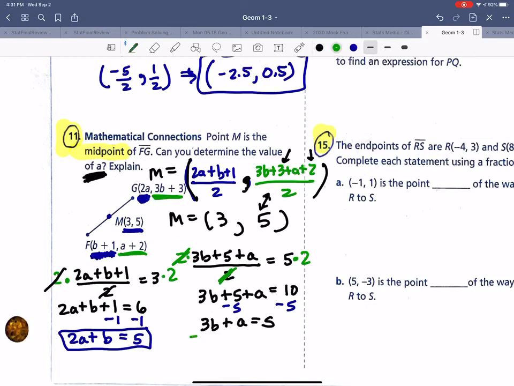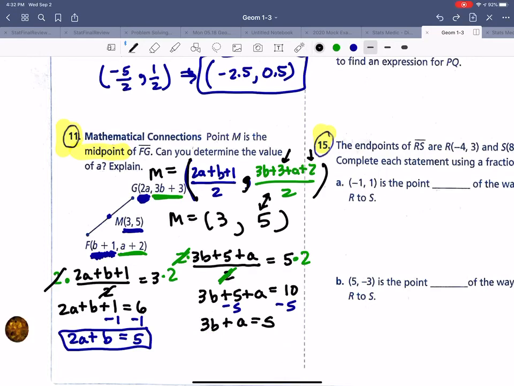If I subtract 3B here on both sides, I could put A by itself on the left, and I have 5 minus 3B. Now I can substitute this stuff in where I see the letter A, but that's not going to help me solve for B. Okay, so I'm going to take a few steps back here. That's maybe not what I wanted.